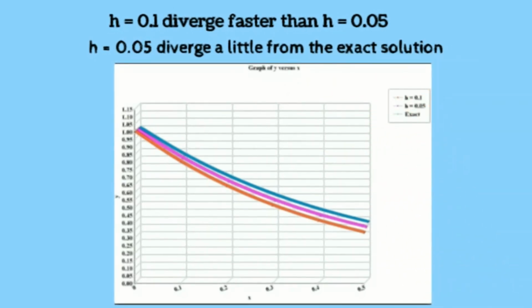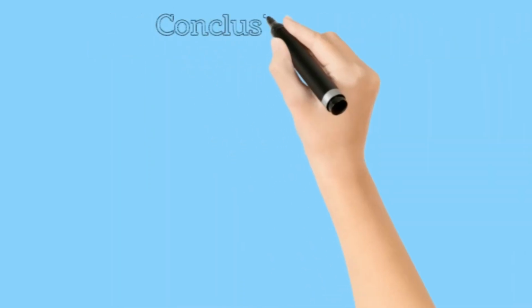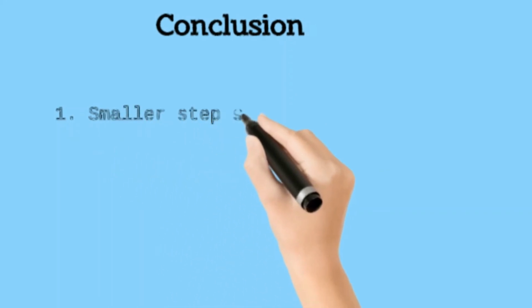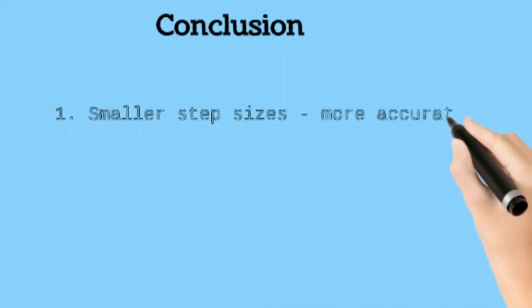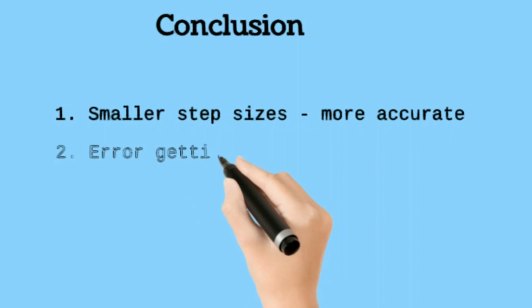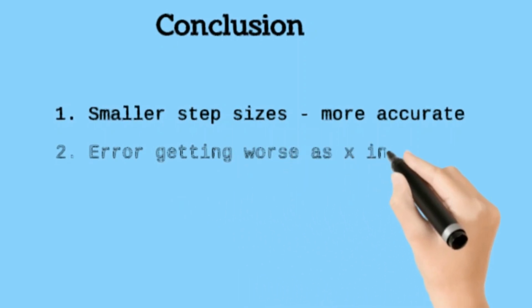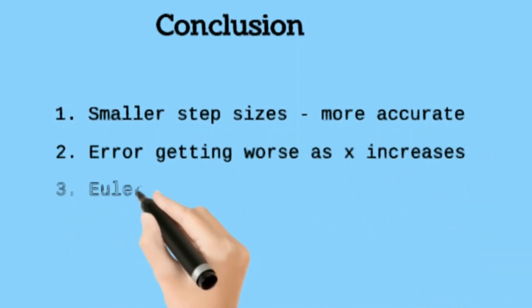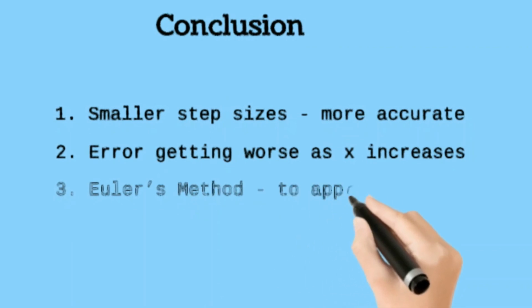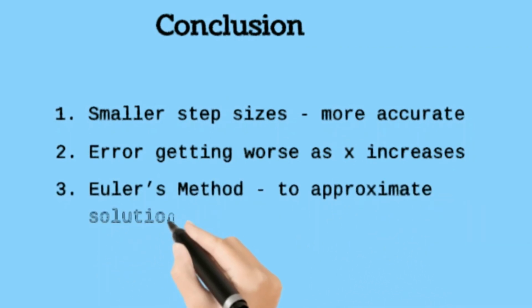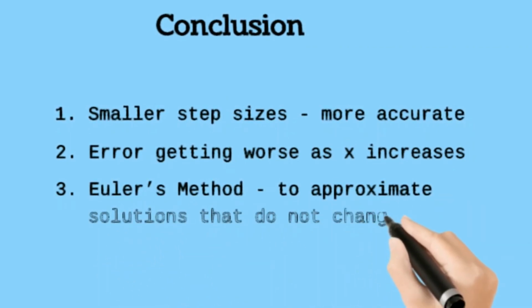Hence, we can conclude that the smaller the step size, the more accurate the solution is. However, the error gets worse as x increases. Therefore, Euler's method is a nice method for approximating fairly nice solutions that do not change rapidly.